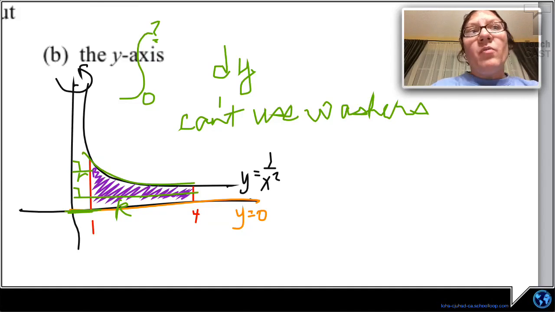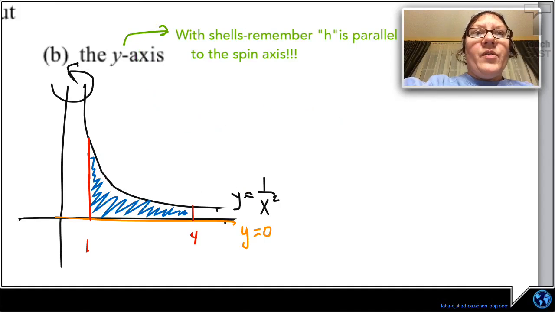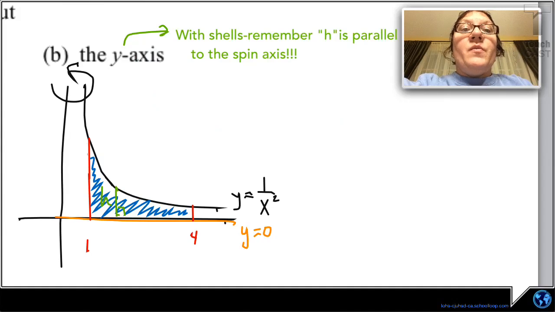Okay, so now I have to erase, and then we're going to do the shell method. Okay, so remember, with shells, my h is parallel to the spin axis, so I'm going to draw in some random height of a shell, and then my radius goes from the spin axis over to that height.